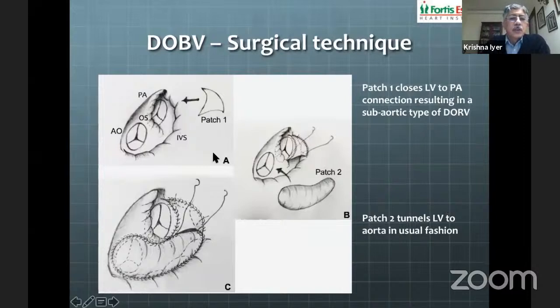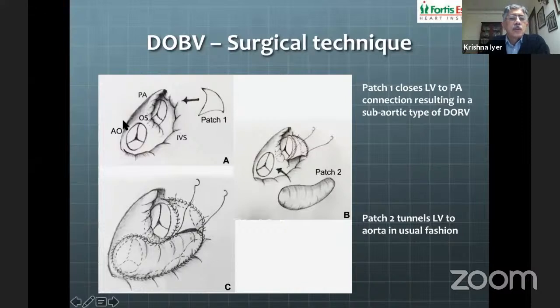Now, one could theoretically tunnel the left ventricle to either the pulmonary artery or the aorta. But obviously, if we tunneled it to the pulmonary artery, then we'd have to add an arterial switch operation, which would have been technically more challenging given the position of the great arteries, as I showed you in the picture earlier.